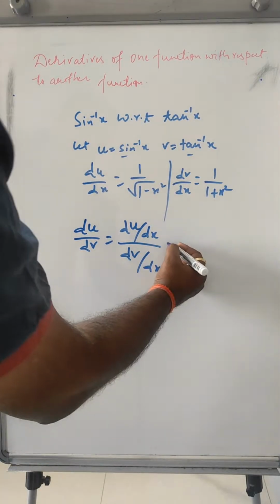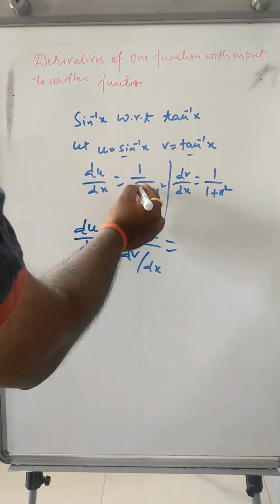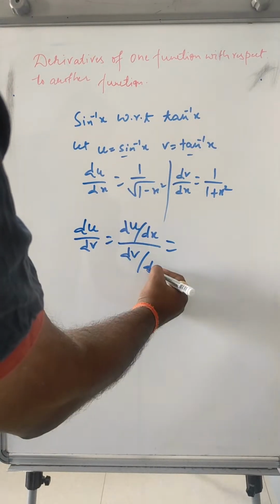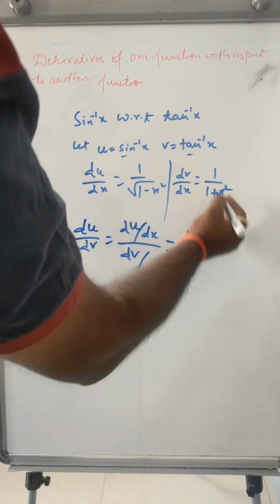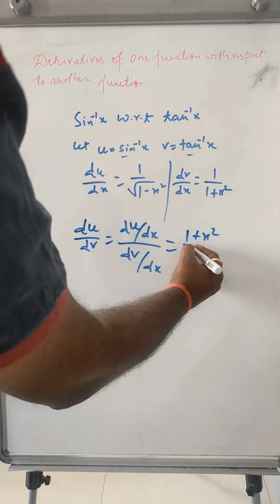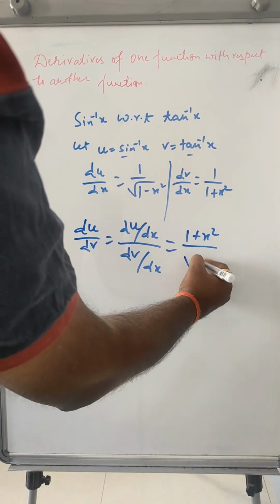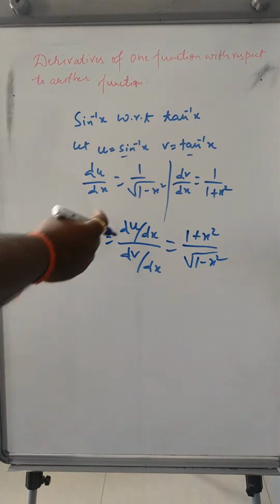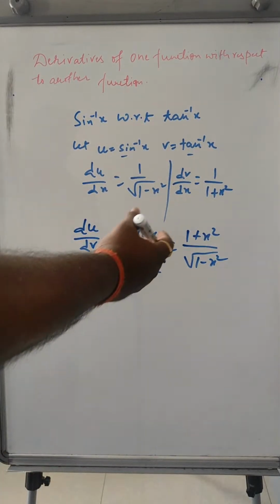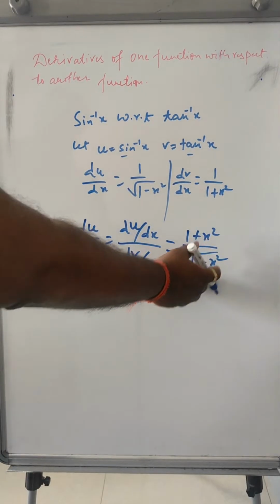Right. So now we can write directly 1 plus x square. This will be opposite, right? It will go up and this will be the same, correct? You put the value; one more step it can take, but ultimately the result will be this.